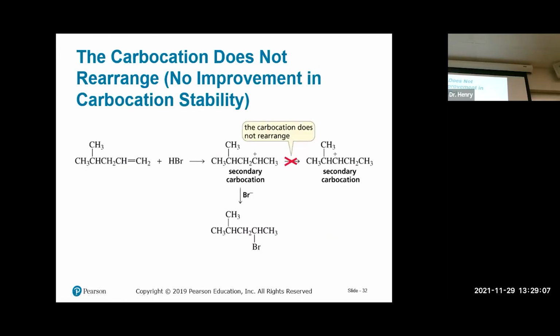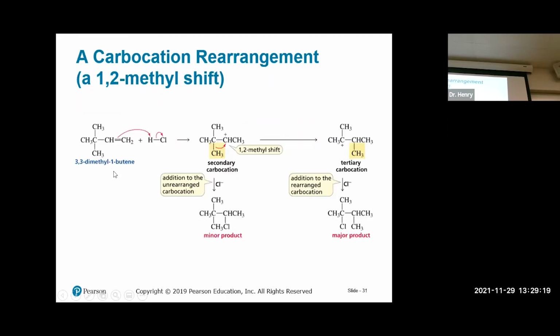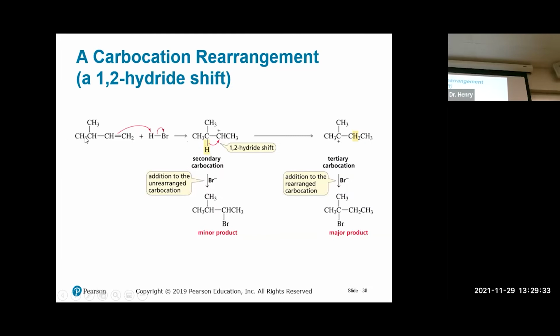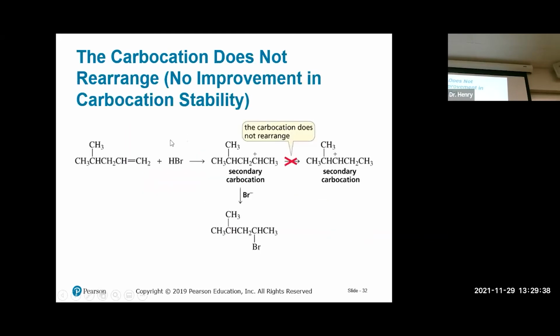Okay, so here we added an additional carbon. So see the distinction between this tertiary carbon, where the double bond is literally adjacent to it, and here, where we have another carbon in between, right?